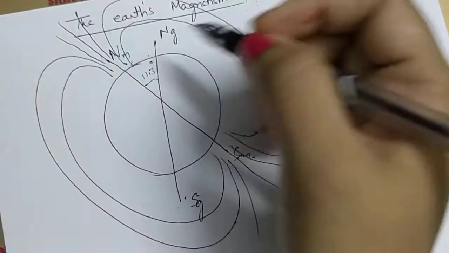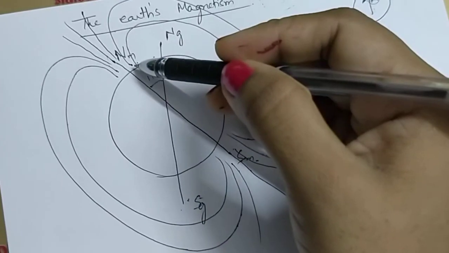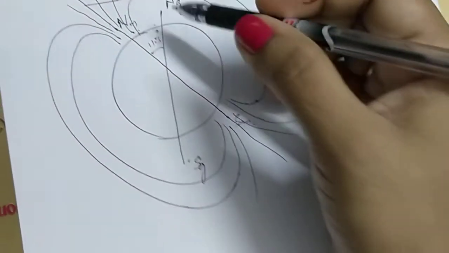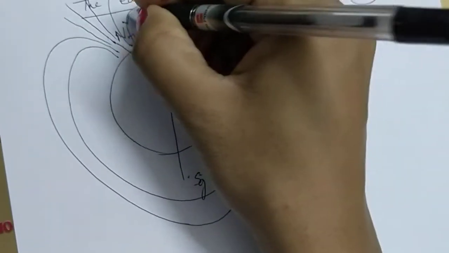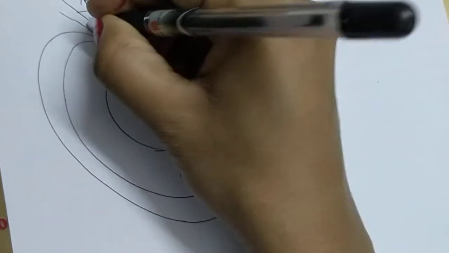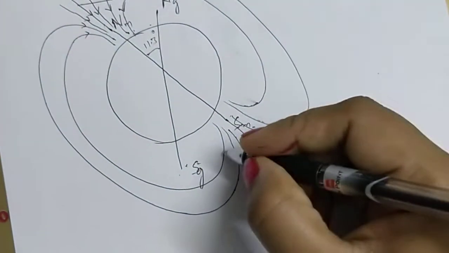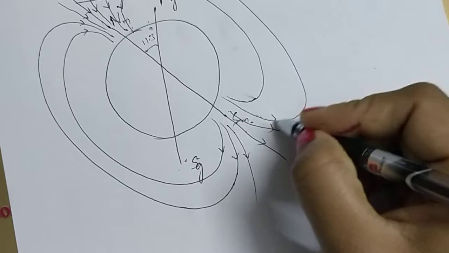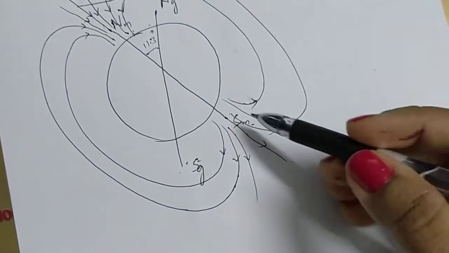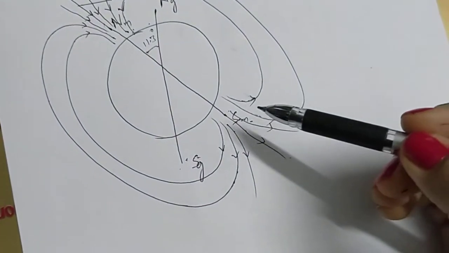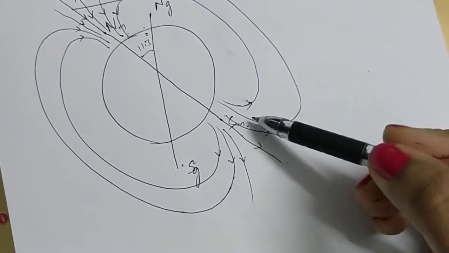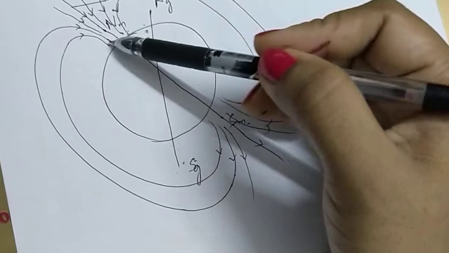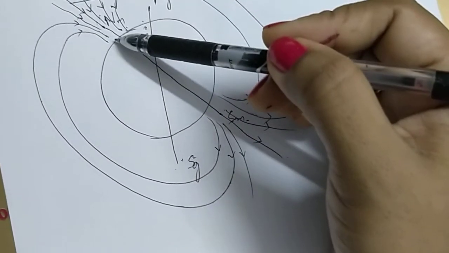So using the compass needle we can also find out whether the magnetic field line's direction is going outside or inside. From that it was found that these field lines are going inside here, and near this South magnetic pole it is coming out of the pole. If it is coming out of the pole, we know that in reality it is the North Pole from where the magnetic field line comes. So the South magnetic pole actually behaves like a North Pole, and the North magnetic pole is actually behaving like a South Pole.